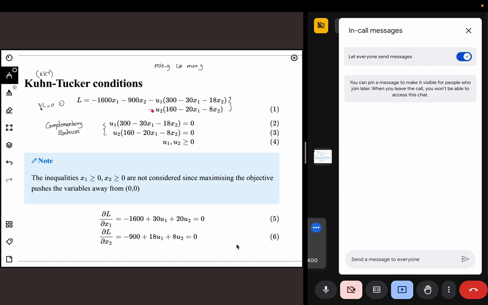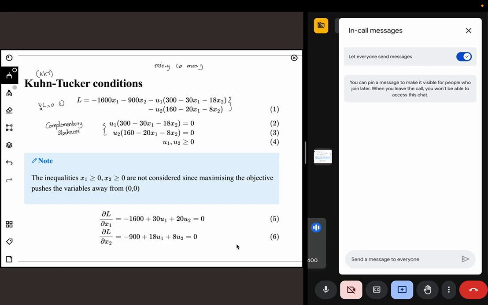Here it is minus u1 times the constraint and minus u2 times the second constraint. The next one is the complementary slackness, which is like when we said that lambda times s should be 0. So u1 times the first constraint should be 0 and u2 times the second should be 0. As we discussed before, any of these constraints can be active or inactive.